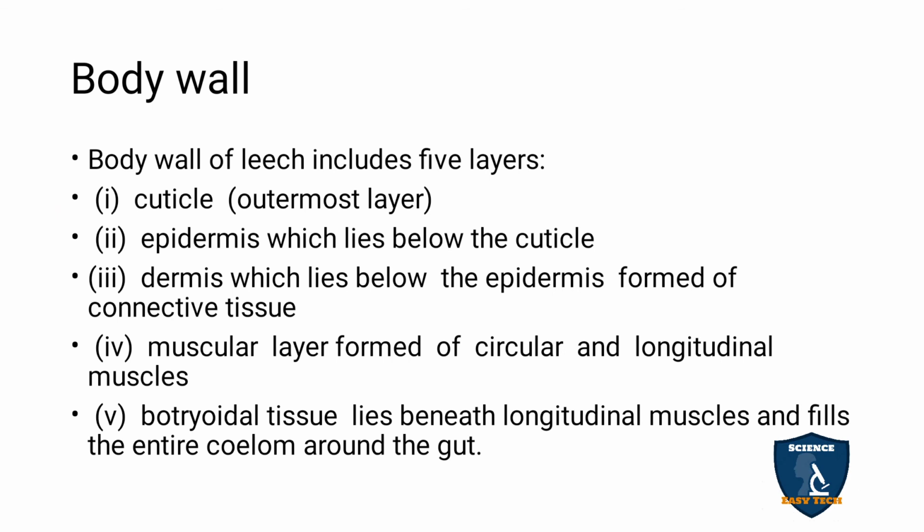Now we will see the body wall of the leech. The body wall of the leech has 5 layers. The outermost layer is called cuticle. Below the cuticle is the epidermis. The dermis lies below the epidermis. It forms a connective tissue between the dermis and the epidermis and the muscular layer.